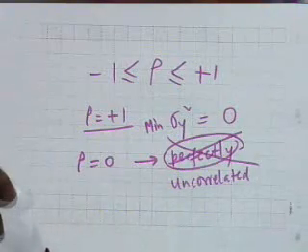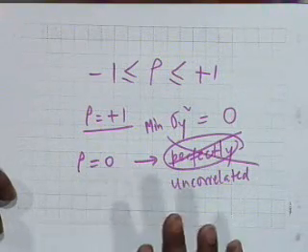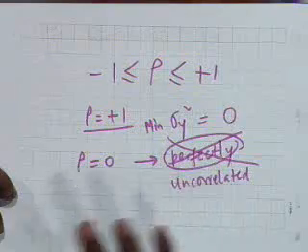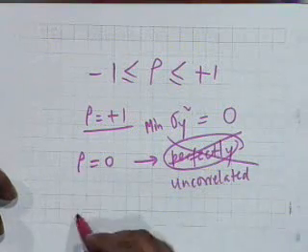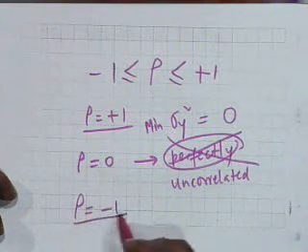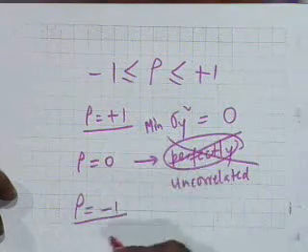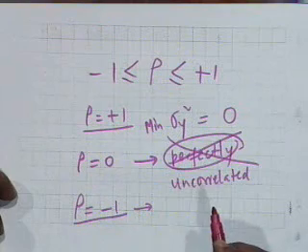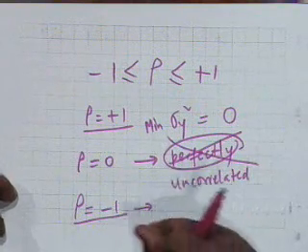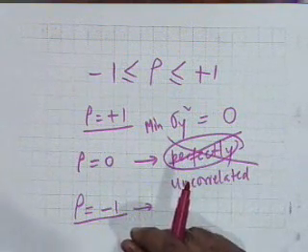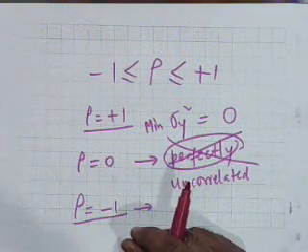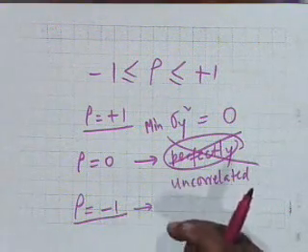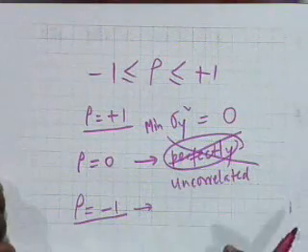Rho equal to 0 means x of t and x of t plus tau have no similarity with each other. On the other hand, rho equal to -1, again by algebra you can show, gives minimum sigma y squared of twice sigma x squared, I think that is what it gives.